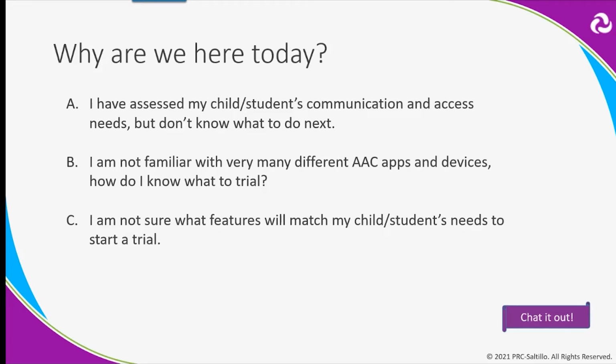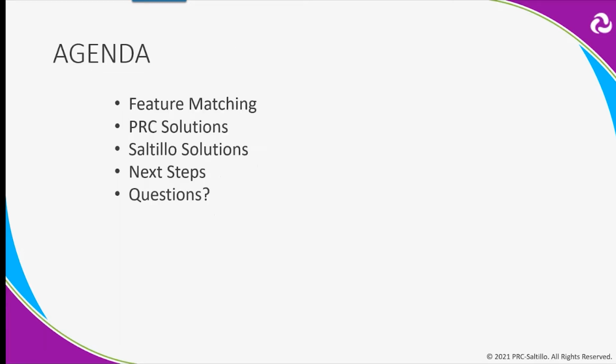Well, we're hoping that you're all going to get some information to help answer those questions from part 3 and or more of our sessions today. So here's our agenda for this session. We're going to talk about feature matching. That's kind of like this big ominous thing that we hear about. What is it? And what does that look like when we are trying to figure out what we're going to trial?